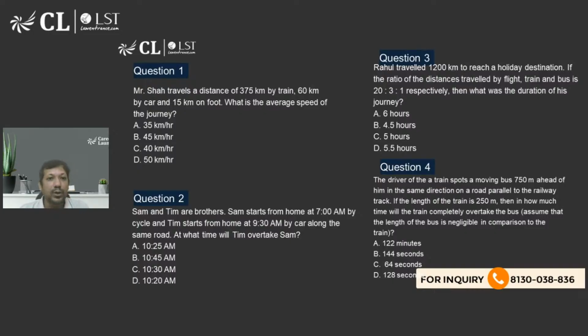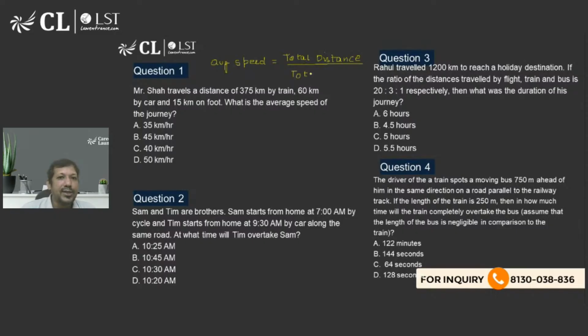First of all, we need to understand what is the formula for average speed. The average speed is given as total distance upon total time, and that is the simple formula for average speed, right?